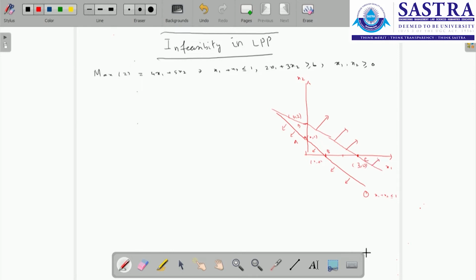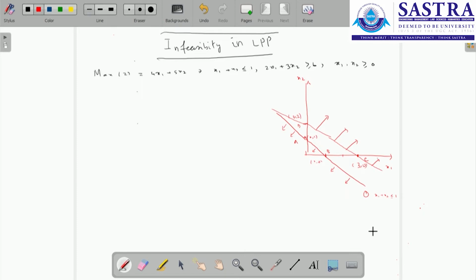Usually the feasible region will be bounded by lines. Here, though there are two lines representing these two inequalities, the arrows, one facing the origin and the other facing away from the origin, make a clear demarcation between these two regions.